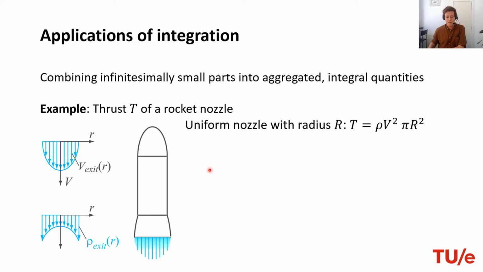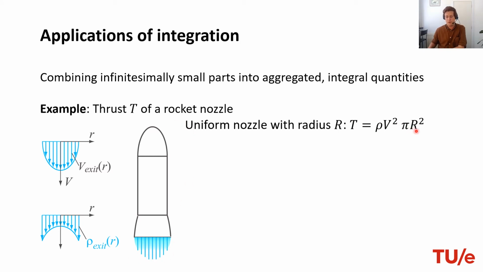So that is the thrust that you can expect from such a nozzle. If the outward velocity of our combusted fuel at the nozzle were uniform with a value of v, and if the density were also uniform, then we can easily compute the thrust.